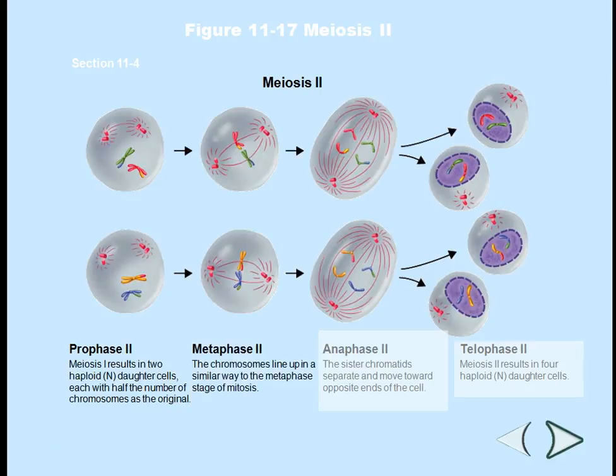And then we go through metaphase 2, where the chromosomes line up in the middle, and anaphase, where the chromosomes get pulled apart, and then telophase and cytokinesis 2, where the 4 daughter cells will split apart, and they will all be genetically different from each other and contain half the number of chromosomes. So we have our 4 haploid cells, and remember, they will all be genetically different from each other.